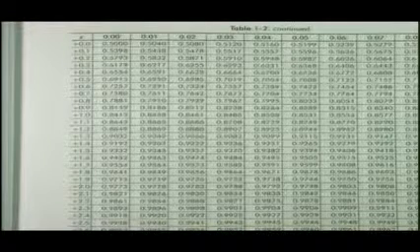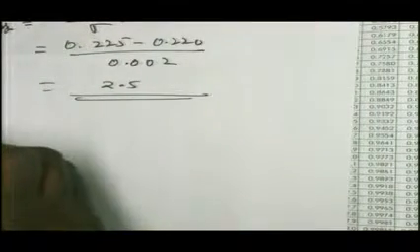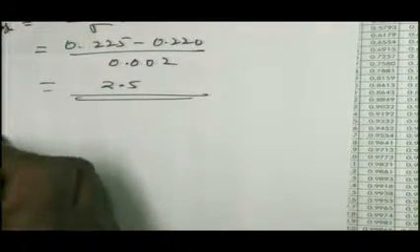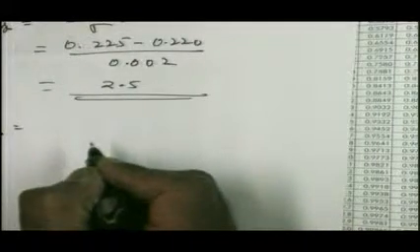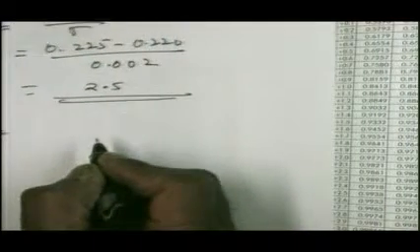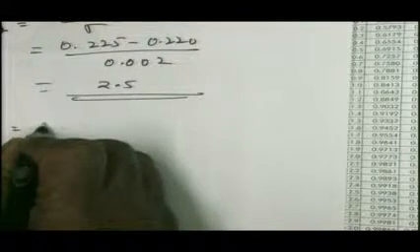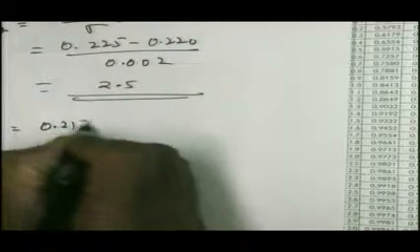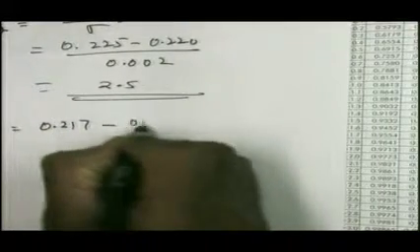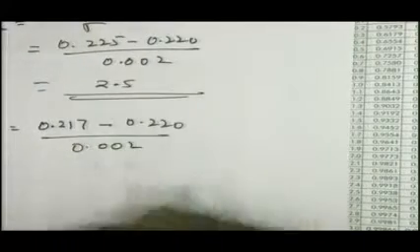I would go back and calculate my lower z, and I need it here. z lower is what? I have 0.217 minus 0.220 divided by 0.002, and what do I get?